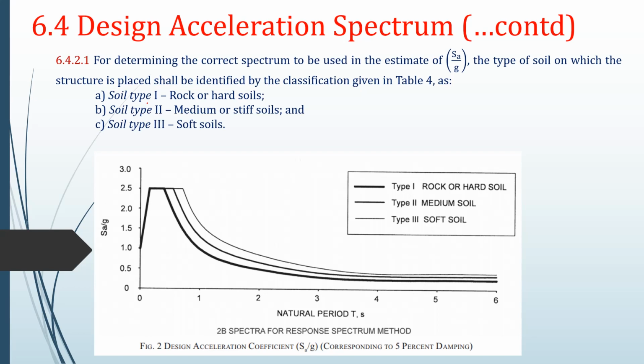Before going into this graph, you may remember from our previous lecture, or the first lecture of this video series, we talked about the response spectrum, and we talked about constructing it based on the records of previous earthquakes, or our past history of earthquakes.